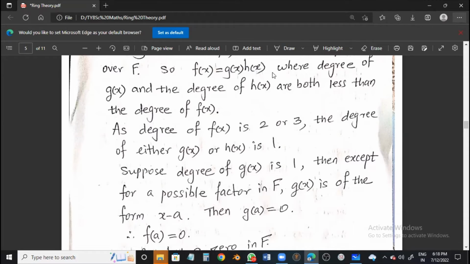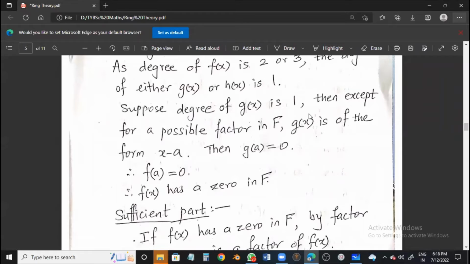अगर f की डिग्री 3 होती है तो उसको प्रोडक्ट के तौर पे अगर लिखेंगे तो एक तो linear होना ही चाहिए. And if it is 2, then there is no question as such. If it is reducible, if it is factorizable, then the degree of the factors has to be 1. That's very necessary. So suppose g(x) has degree 1.